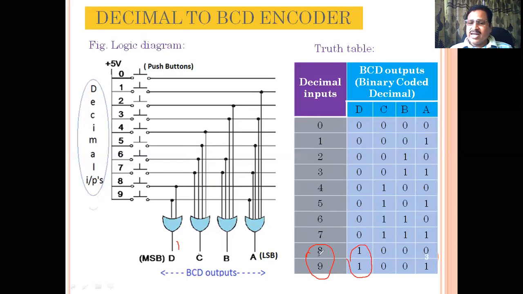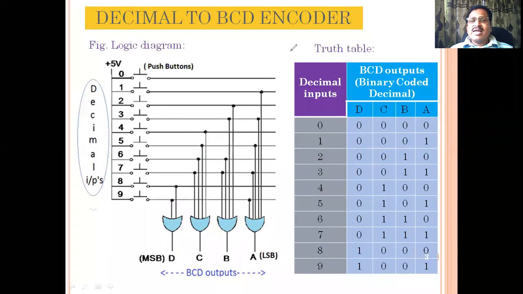So we just connect decimal number 8 and decimal number 9 at the input of an OR gate whose output is D, the MSB of the BCD code. In this way, we can easily construct a truth table, and from the truth table, a logic diagram for the decimal to BCD encoder. Now the working of this circuit will be very easy.